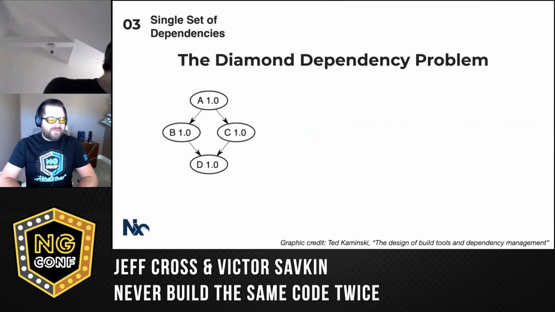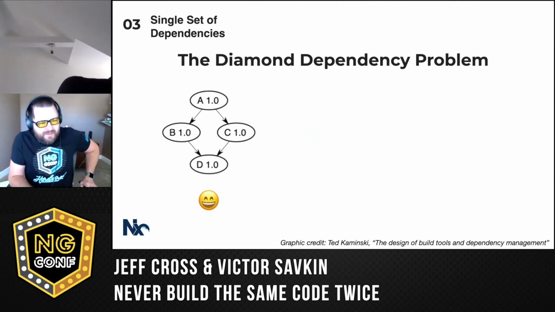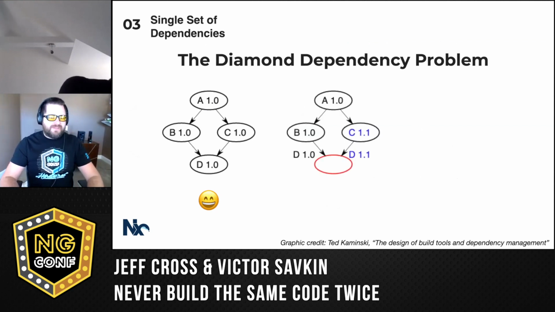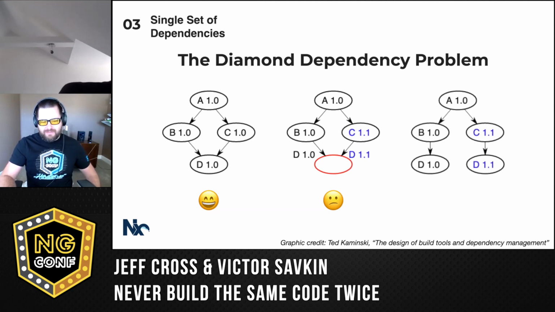And third, we have a single set of dependencies. There's this thing called the diamond dependency problem. When you have a library or a project that depends on two other projects, and they depend on the same version of another dependency, that works fine.